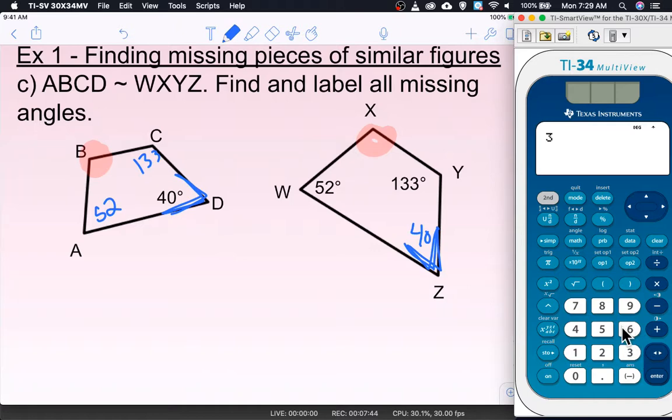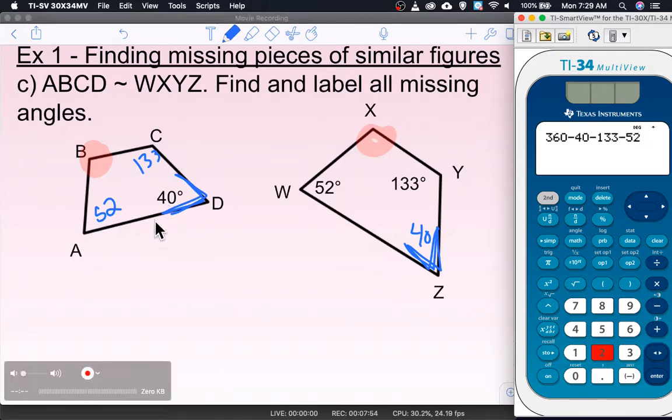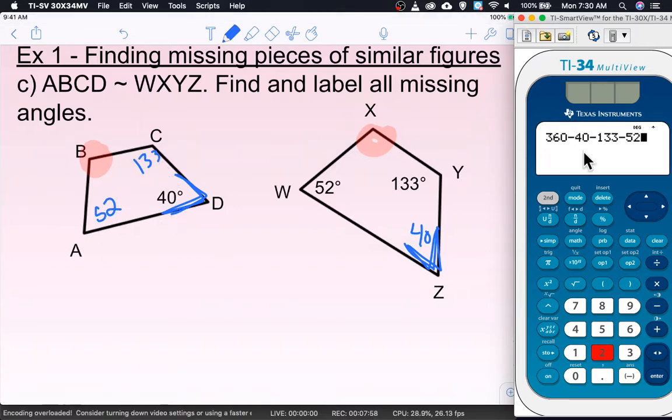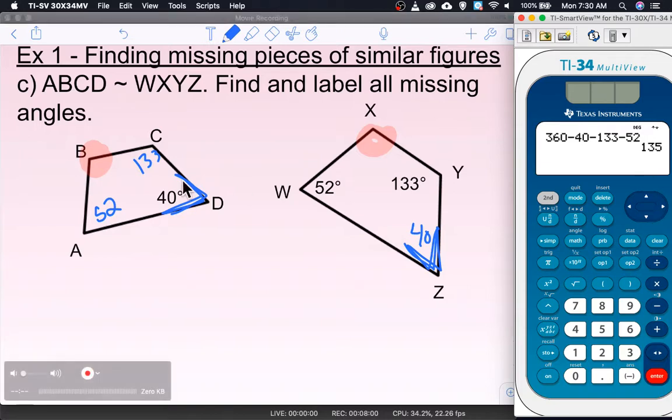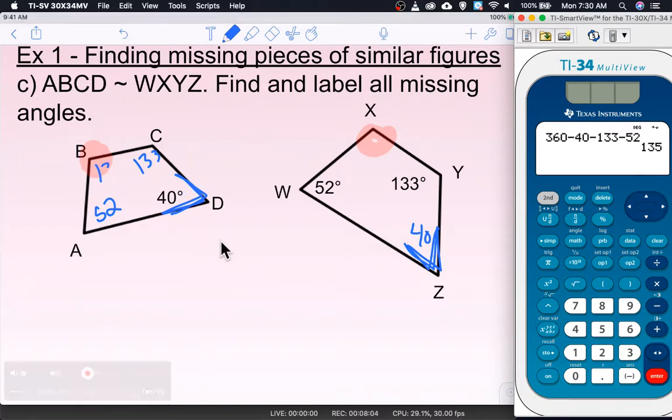So if I took 360 and subtract 40 and subtract 133 and subtract 52, basically they all add up to 360. If I take away this angle, and this angle, all I'll be left with is that angle. That is 135.